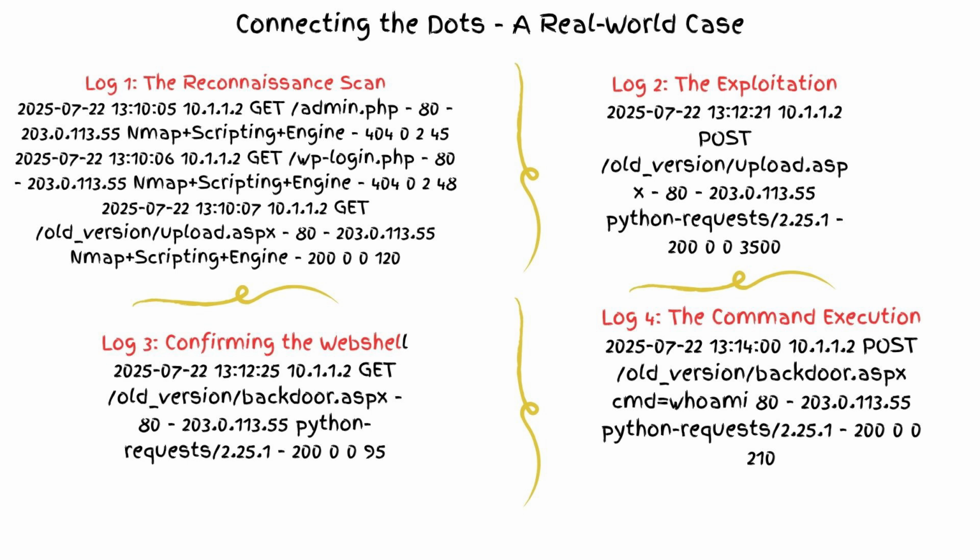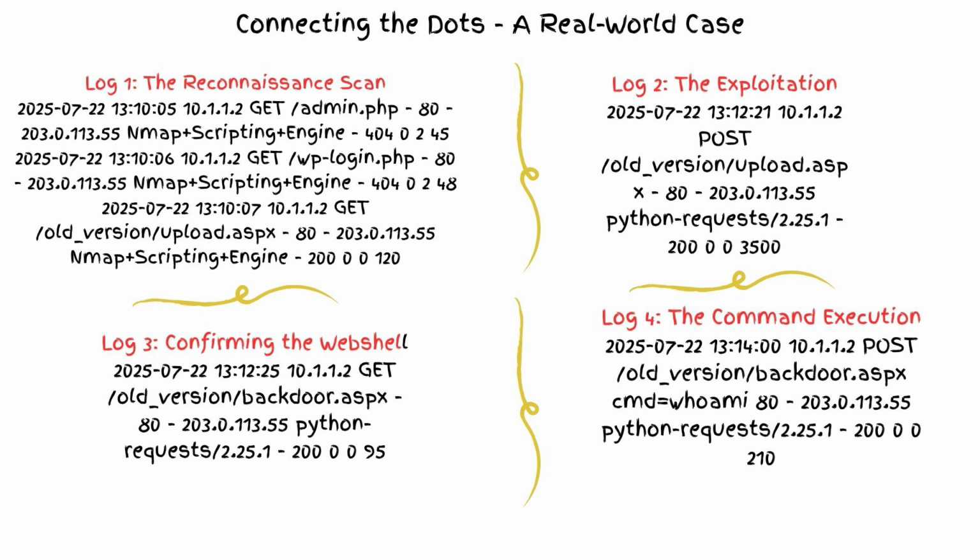Third, confirming the web shell. Seconds later, the attacker makes a GET request to a new file, backdoor.aspx, and it returns a 200 OK status code. This confirms their upload was successful and they now have a web shell on our server. And the final one is the command execution.